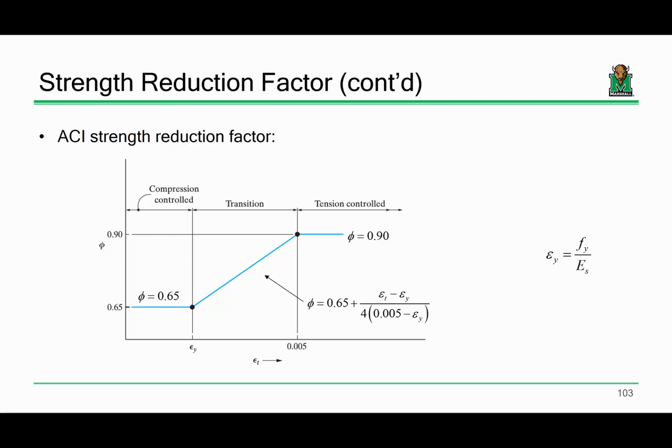So that's one reason to include compression steel. Another reason to include compression steel in your analysis is because more often than not, it's there anyways. When you have a reinforced concrete beam, there's more than just the rebar at the bottom. We're going to talk later on about shear design and how there's stirrups going along the beam. So here's the beam, you've got rebar at the bottom, and you've got all these stirrups going along the span. Usually you end up putting a couple bars up top just to tie everything together.